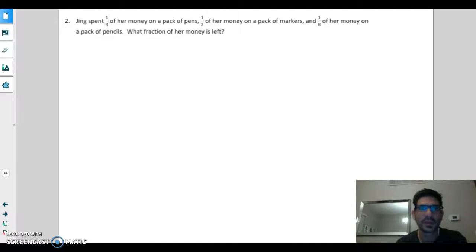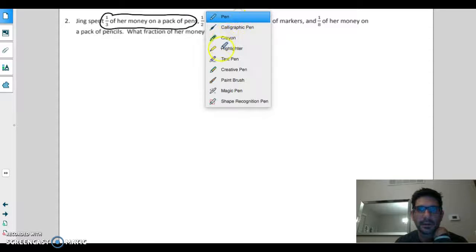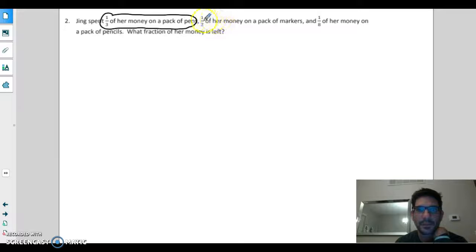Next. So Jing spent 1/3 of her money on a pack of pens, a half of her money on a pack of markers, and 1/8 of her money on a pack of pencils. What fraction of her money is left? Okay, so 1/3 here. And then we have 1/8 of her money on a pack of pencils.